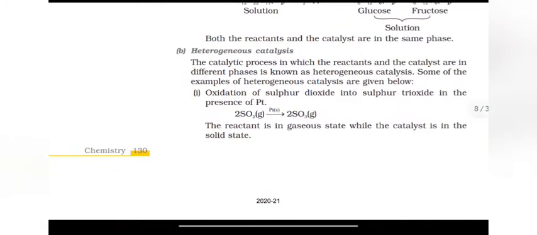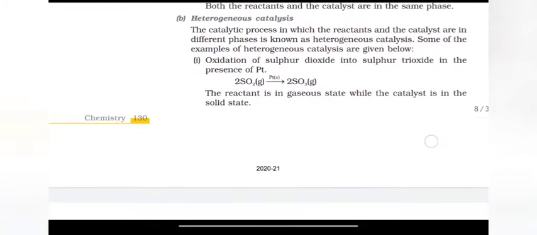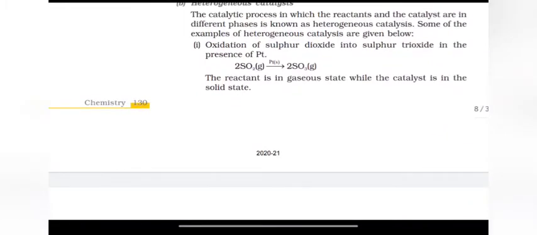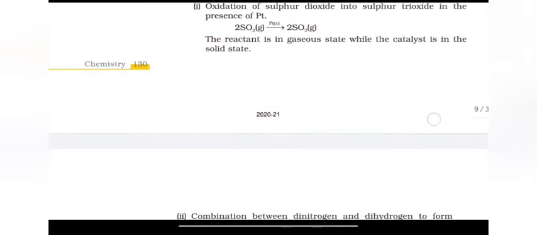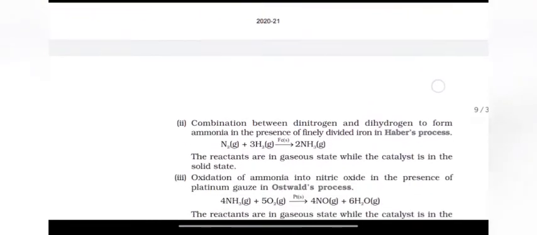Heterogeneous catalysis. A catalytic process in which reactant and the catalyst are in different phases is known as heterogeneous catalysis. Some of the examples of heterogeneous catalysis are oxidation of sulfur dioxide into sulfur trioxide in presence of platinum. The reactant is in gaseous state while the catalyst is in solid state.